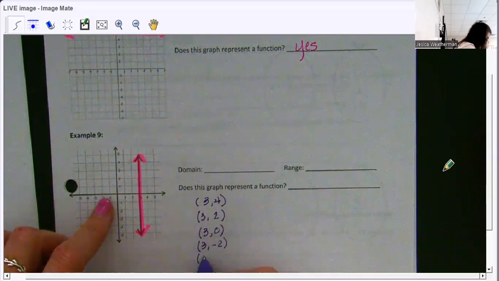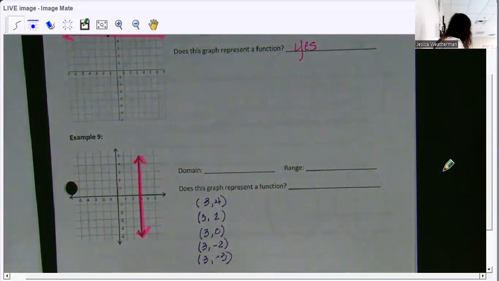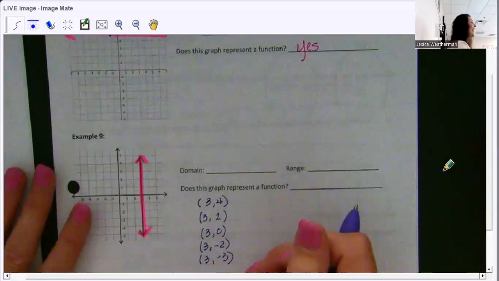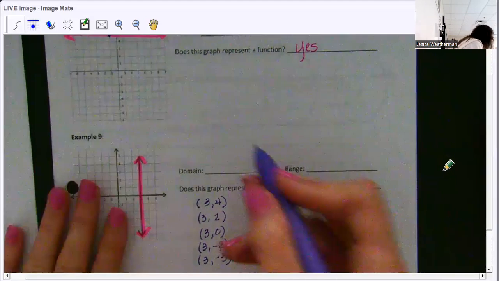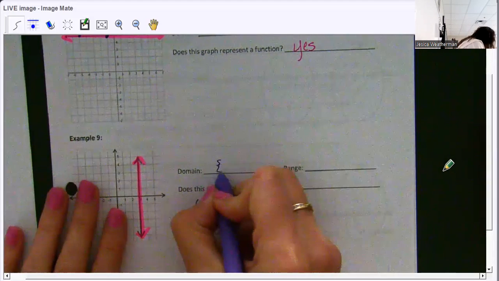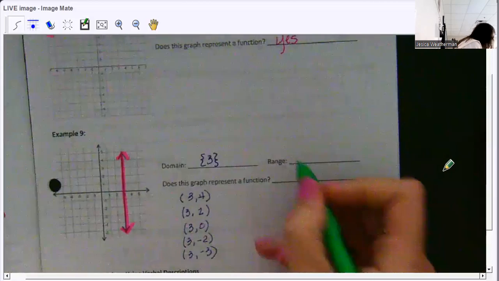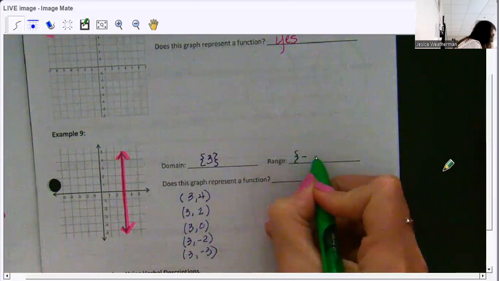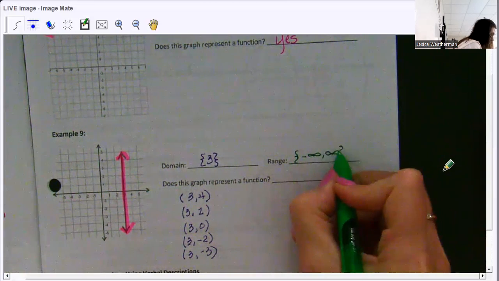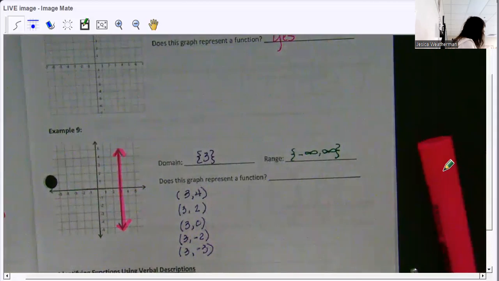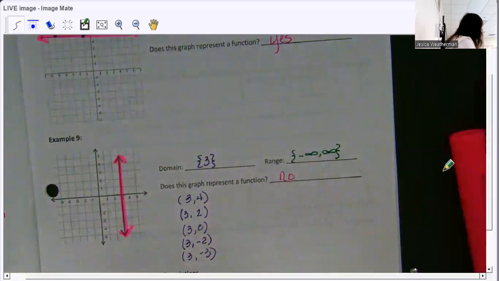I have 3, -3. See the pattern? So what's our domain? Domain is 3 and only 3. What's our range? Yes, negative infinity to positive infinity. Is this a function? No. All right, good.